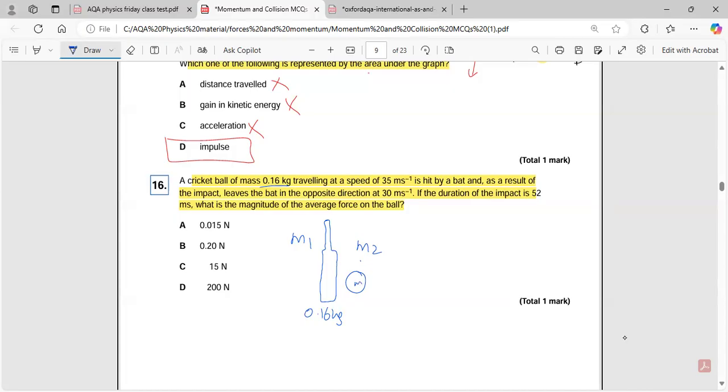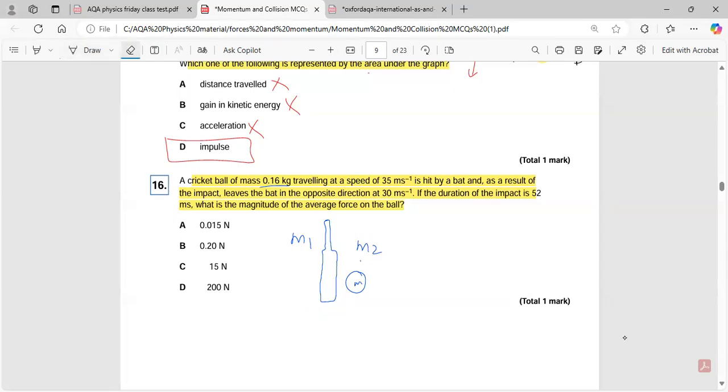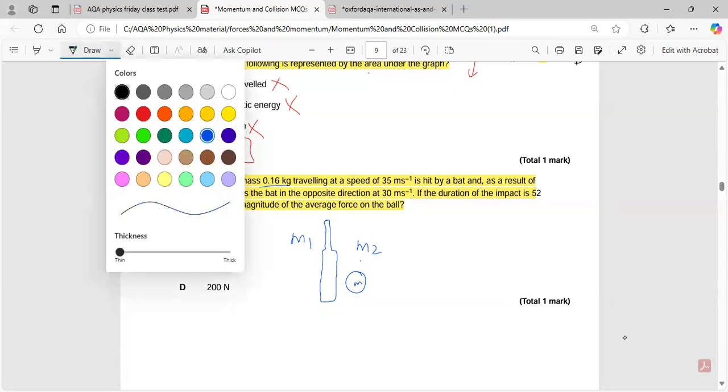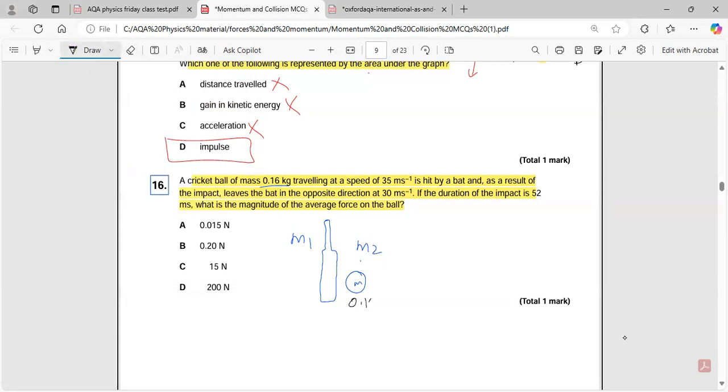Oh, sorry, I have chosen the wrong values. The ball mass is 0.16 kg, which is 160 grams. Yeah, a bat cannot be 160 grams.